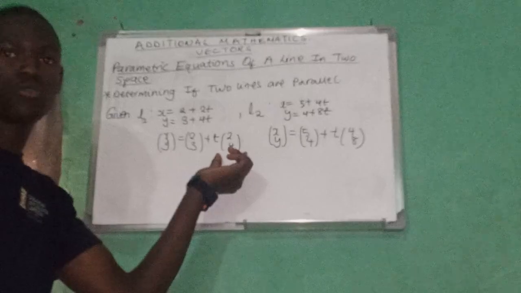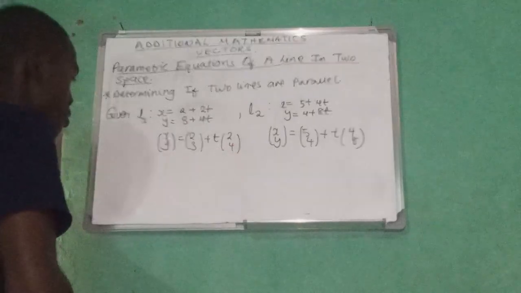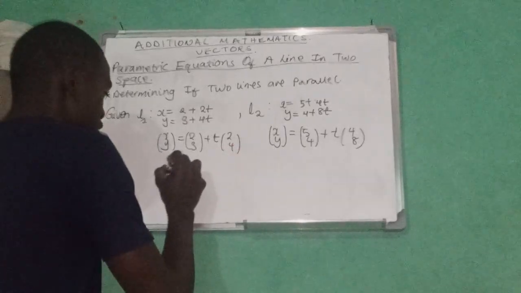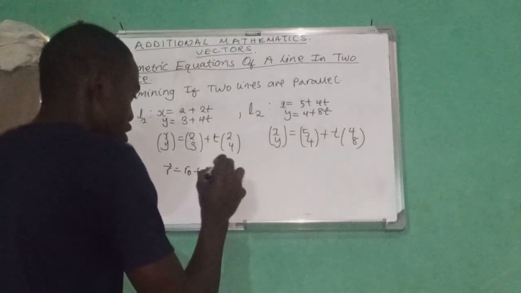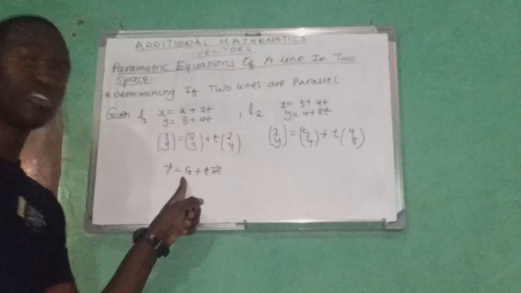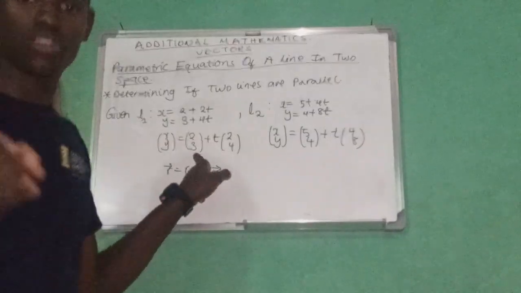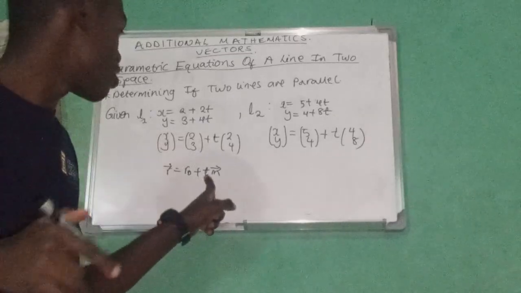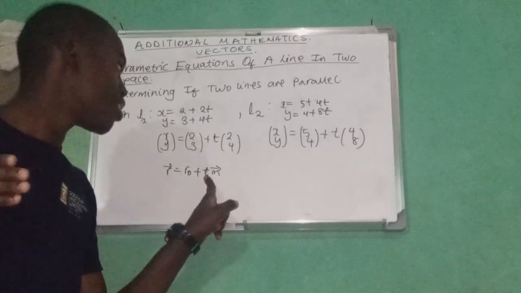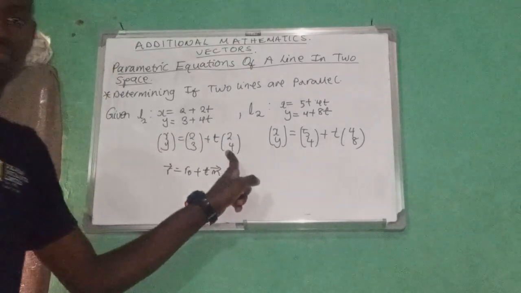this part of the equation is called the direction vector, because we said a vector equation is given by r is equal to r naught plus parameter t times the direction vector. So this r naught represents a position vector, in the form of a column vector. And then the parameter t is just a certain number that is used to change this direction vector.